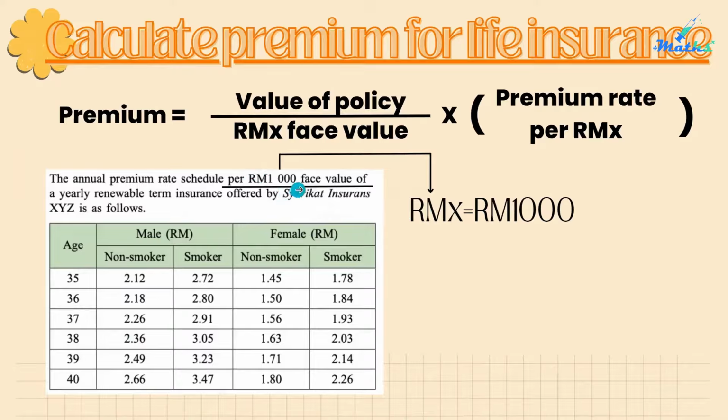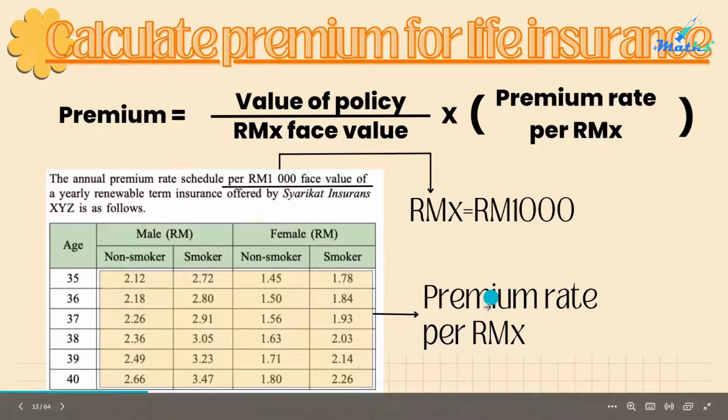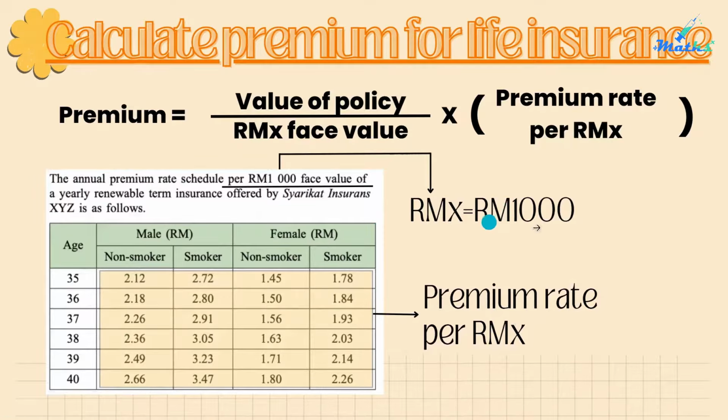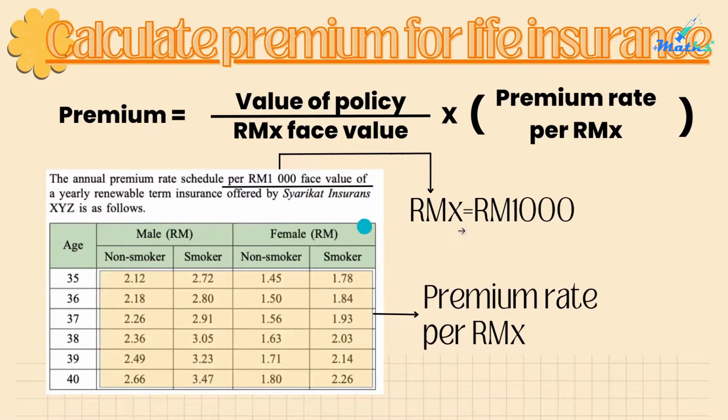And the rate is here. All of these are premium rates per RM 1000 for this question. Later, when we do the question, we need to find which rate to use according to the question.